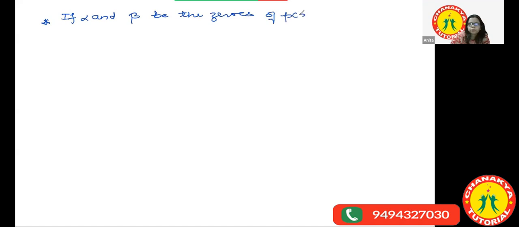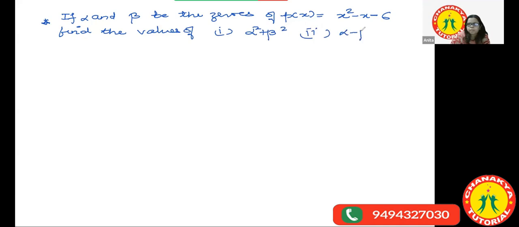Now, children, next thing is, if you have seen your previous year sample papers from chapter 2, polynomials, you will see this type of question: if alpha and beta be the zeros of polynomial x square minus x minus 6, then find the values of first, alpha square plus beta square, second, alpha minus beta.